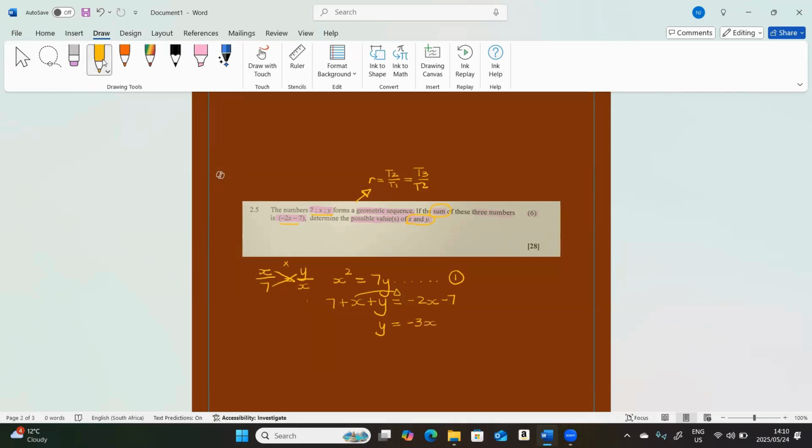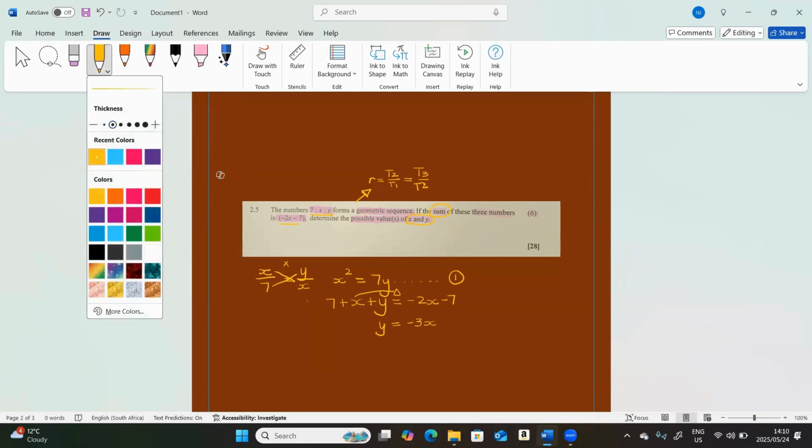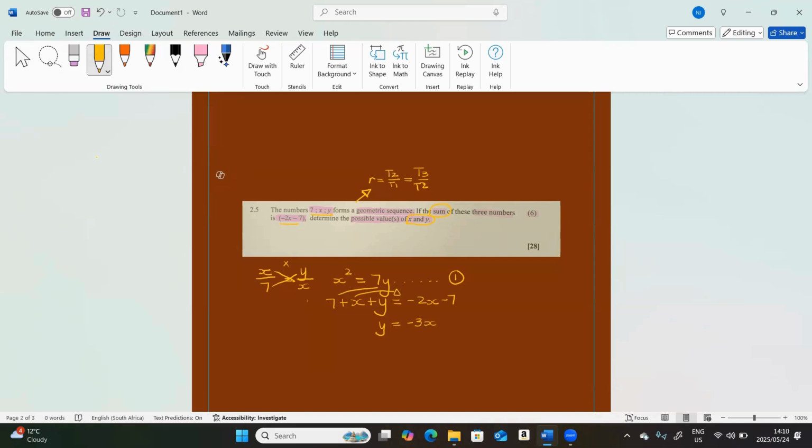And then when we take the 7 over to the other side, that's going to change to negative 7. So that means that this negative 7 already here, and this negative 7 coming over is going to be negative 14. Okay, so negative 14.